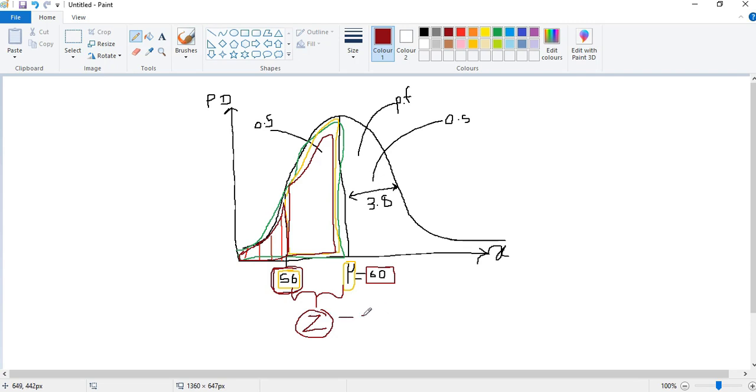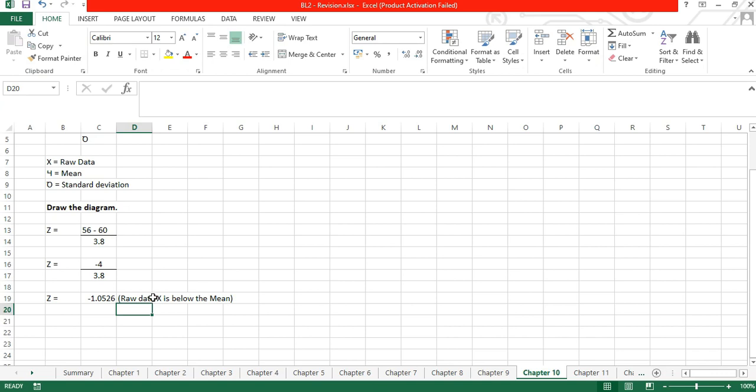But the z-score becomes positive if the raw data is more than 60, on this side. Okay, remember that. When z is equal to 0, that means the raw data is equal to the mean.